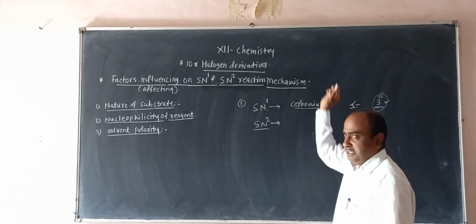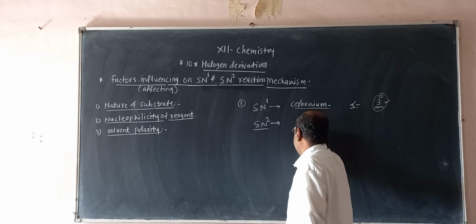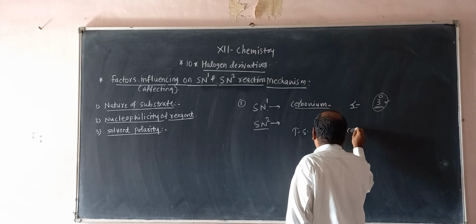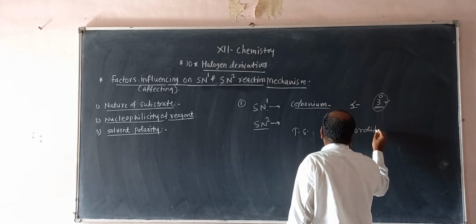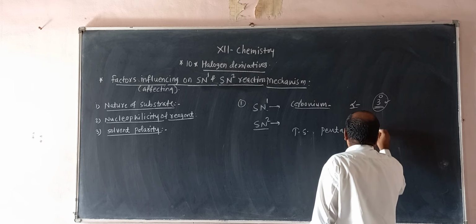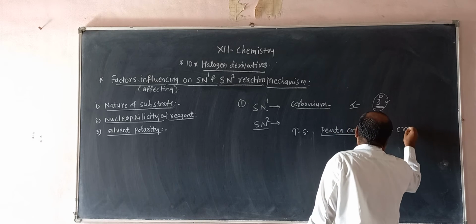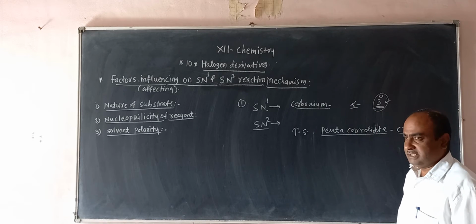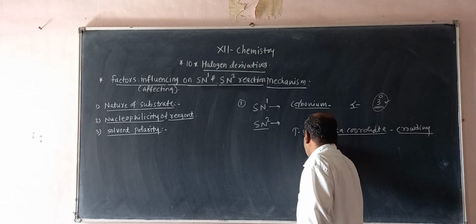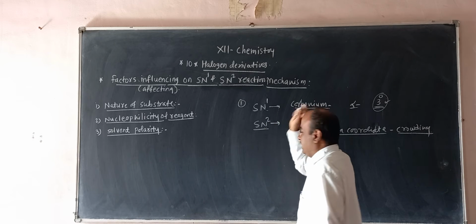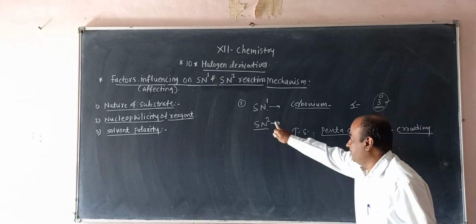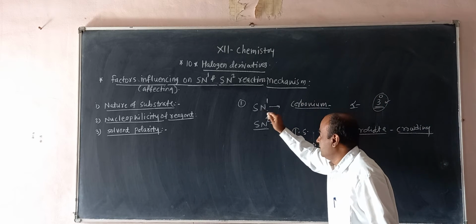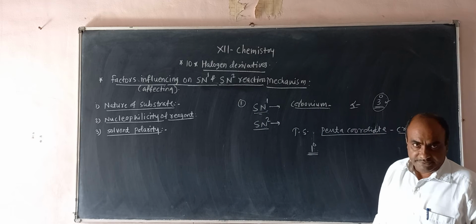Whereas in case of the SN2 reaction, what happens? A pentacoordinate transition state is formed. This pentacoordinate transition state causes a crowding effect, and due to this, primary halides are found to be favored for the SN2 reaction, whereas tertiary halides are favored for the SN1 reaction.